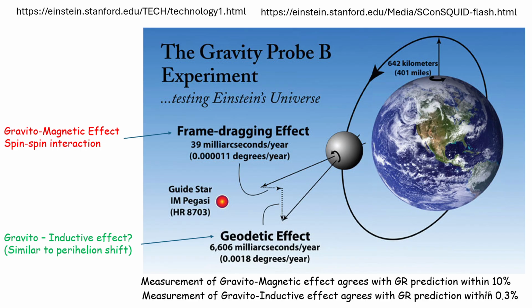So this is an advanced experiment. I have a background in particle physics and have done experiments at DESY and CERN, but I must say I've never seen anything as advanced as this. And they also find a perfect agreement with general relativity.